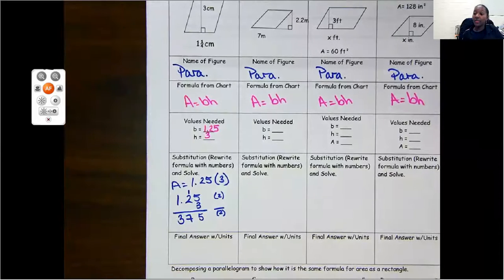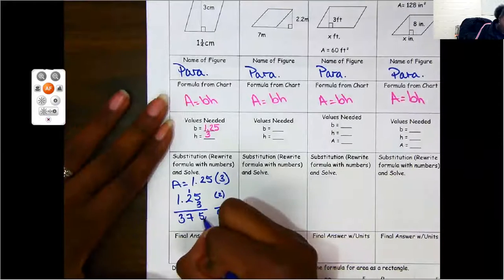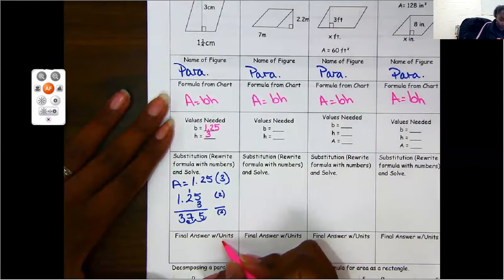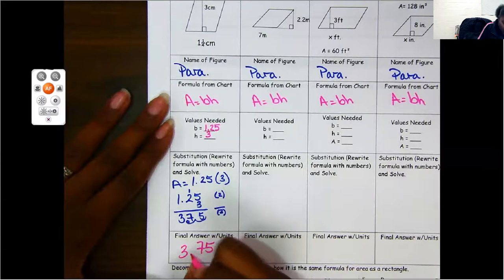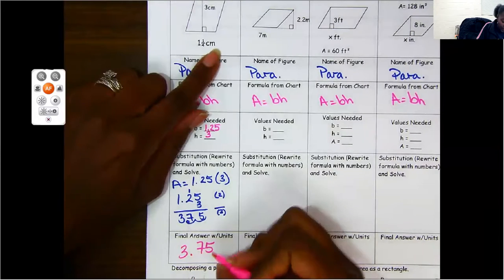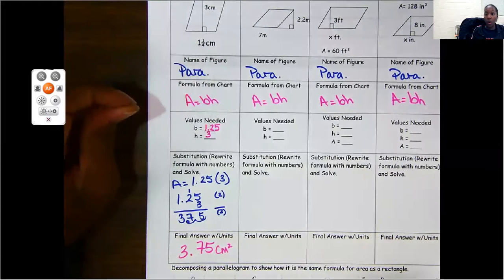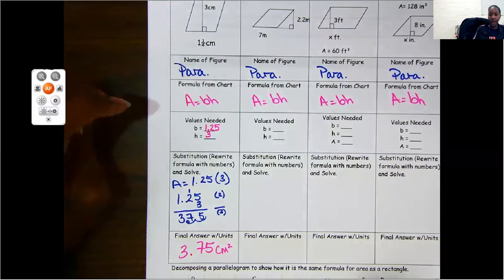So I got 375, but that's not my final answer. Remember, I need to move my decimal 2 places. So I need to start at the back. 1, 2. Since this is area, I need to put my units. So I have 3.75 centimeters squared. Remember, squared is the units when we are looking for area.